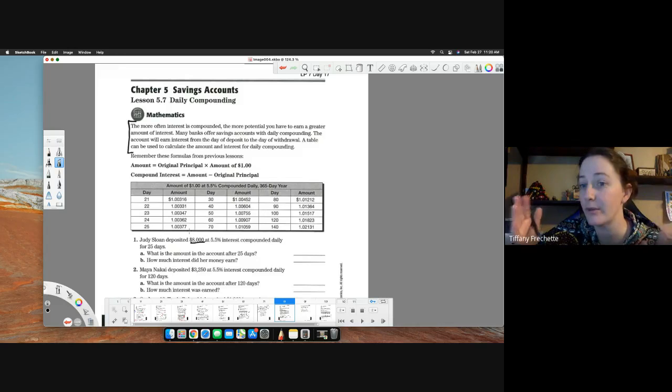This table is already ready for 5.5% compounded daily, so we don't have to do that extra calculation. We literally just go down and say it's 25 days. So I go down my list until I find 25 days, and there's my number right there. So I go 8,000 times that number, that amount per dollar.